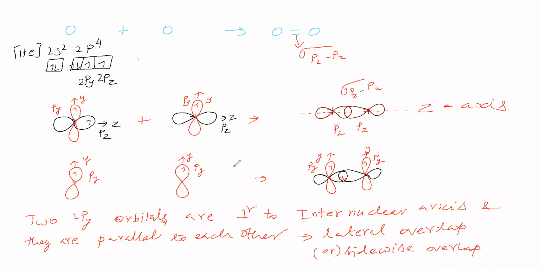That I will say. This is one 2p orbital and another 2p orbital is this one. They are overlapping sideways. It is called sidewise overlap.